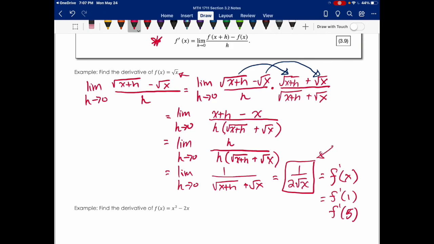It's really beneficial to have the derivative as a function, and then you can plug it in at any point, as opposed to what we were doing in the previous section where we were directly finding the derivative at a specific point. Now this is the derivative at any point.